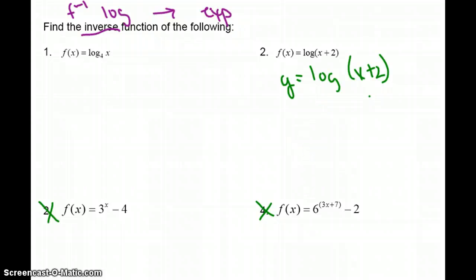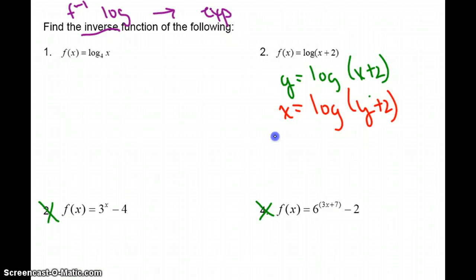Sorry, I'm trying to hurry. Need to swap the x and the y. We have to reverse them. So x equals log y plus 2. Now I'm going to rewrite it as log of y plus 2 equals x.